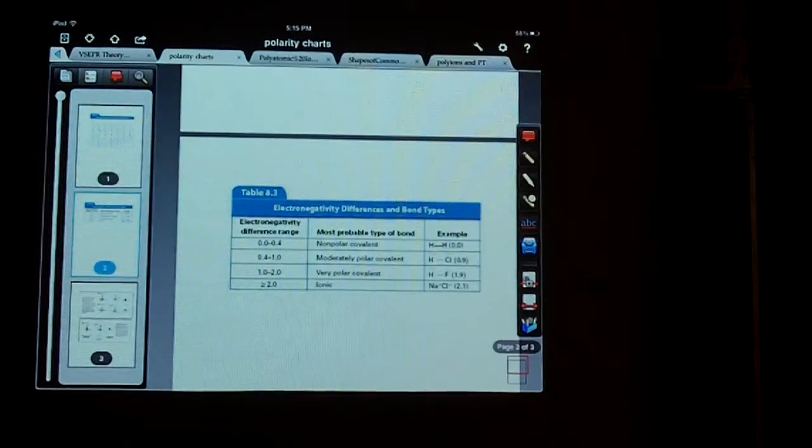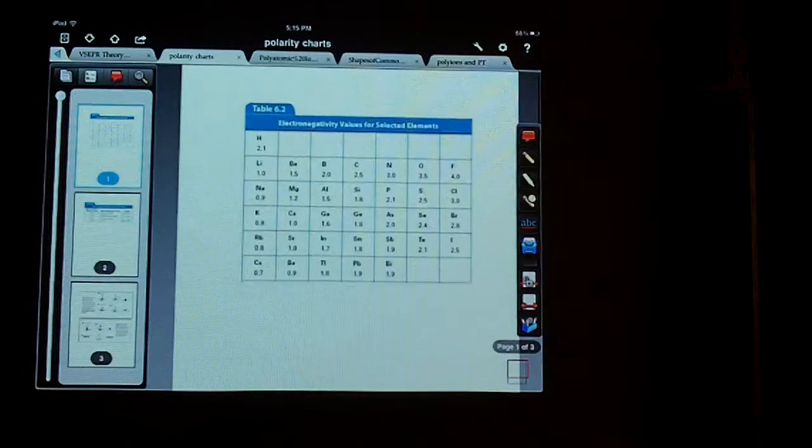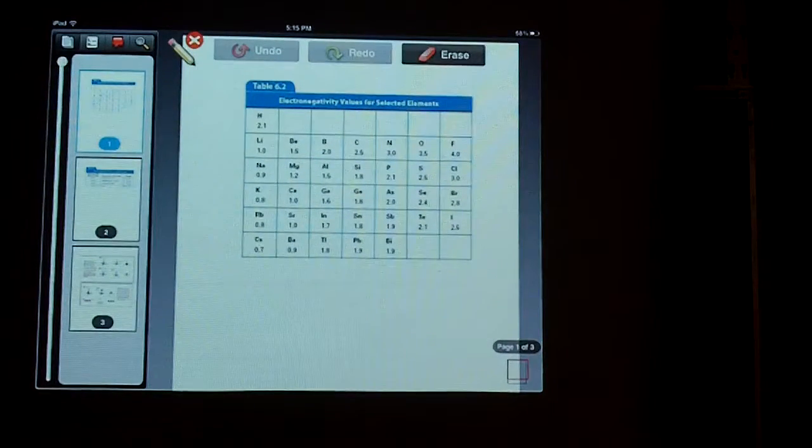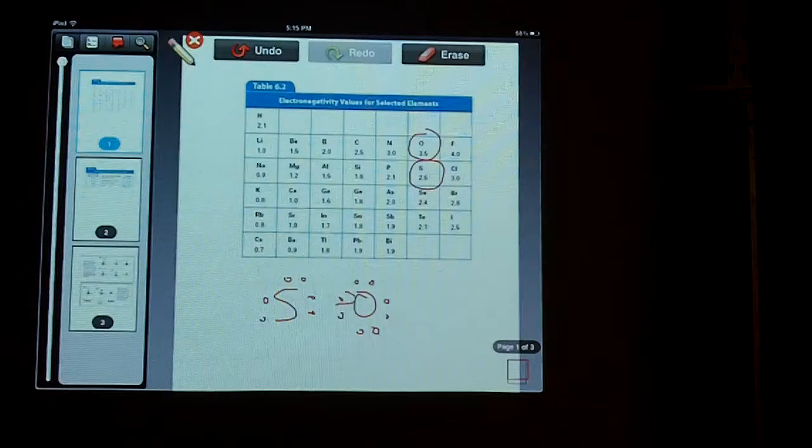All right, so let's back up again. Let's take this compound. We will take oxygen, and we will take sulfur. In order for those two to be stable, since they both have 6 in the outer shell, they're going to have to share 2 pairs.